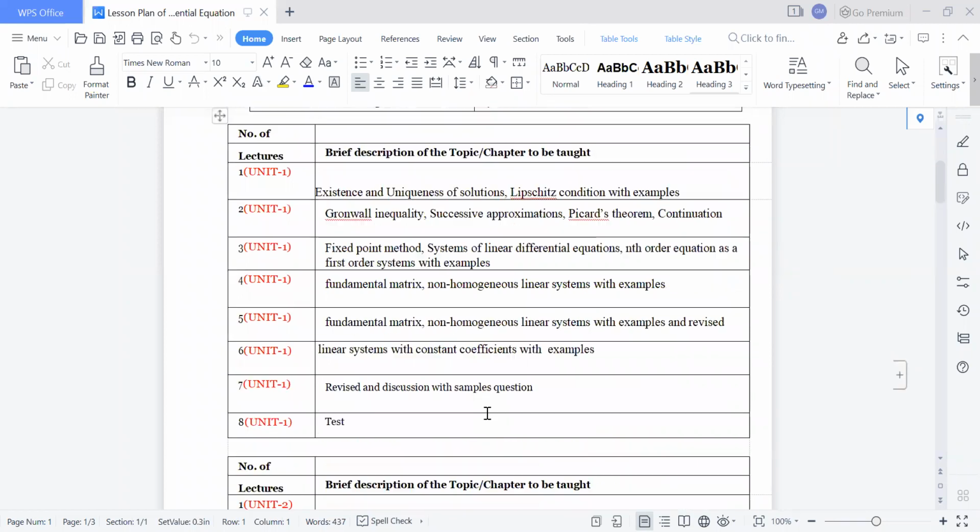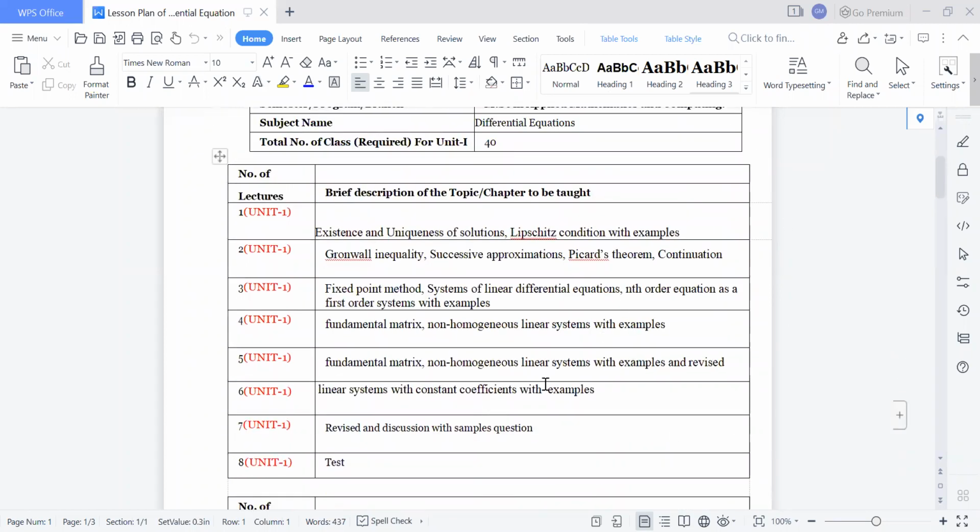This one just belongs to Unit 1 syllabus.